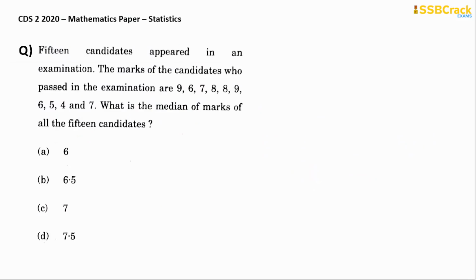So here is the very first question on statistics, and in this question they have given us 15 candidates who have appeared in an examination, but they mentioned the marks of the candidates who passed, and these are the marks of only 10 students, meaning those other 5 students must have failed, because they clearly mentioned the marks of passed students.